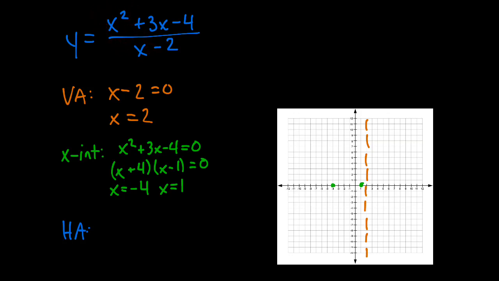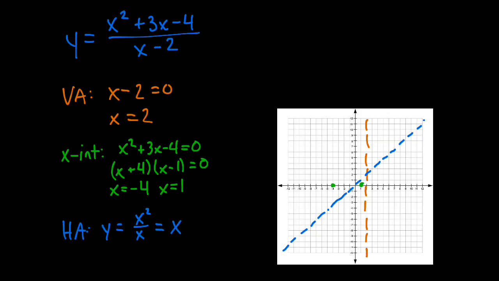But here, our horizontal asymptote is going to be y equals, and we divide the top leading term by the bottom leading term. So y equals x squared over x, which would reduce to just an x. So our horizontal asymptote, or our end behavior, is going to be the same as the diagonal line y equals x.